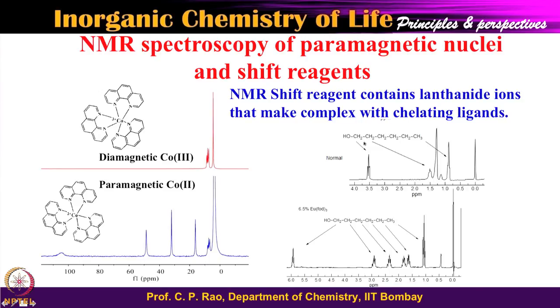On the right side, the same thing is shown with the example of hexanol. Hexanol has the 5 CH2 groups, 1 CH3 and 1 OH. The OH is seen, the CH3 is seen, but all the CH2s come within a small region.